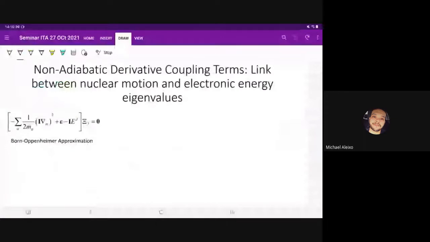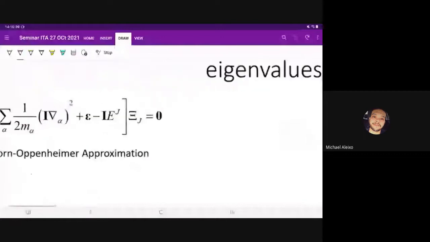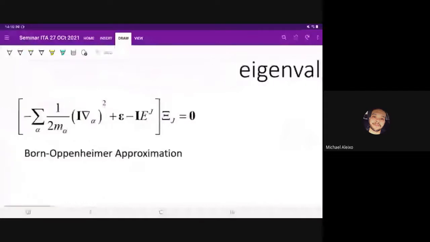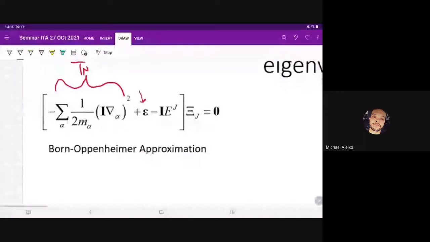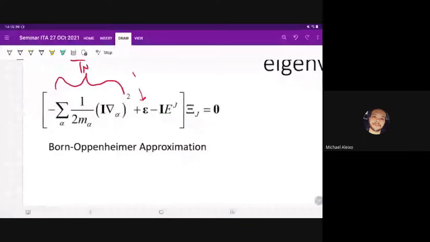And so hopefully this equation here looks very familiar to you if you have a background in physics. The time-independent Schrödinger equation. So this part right here is the kinetic energy operator, the nuclear kinetic energy operator. This piece right here is our nuclear potential energy operator.